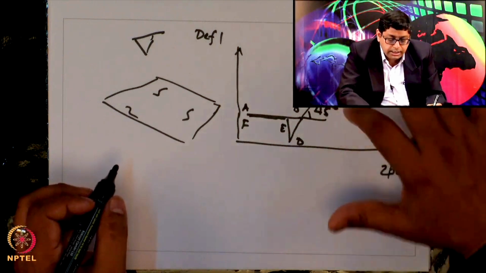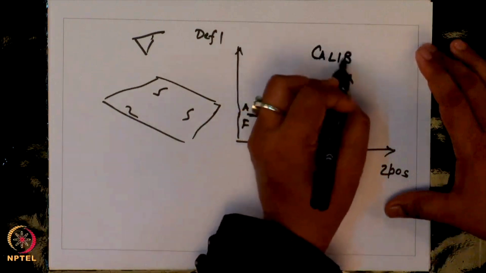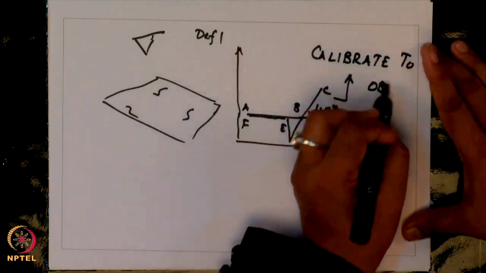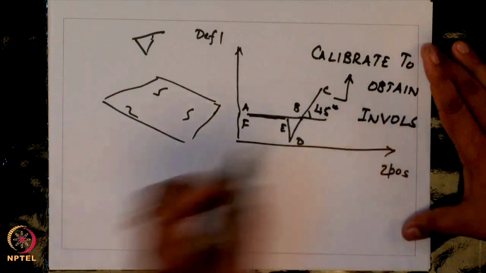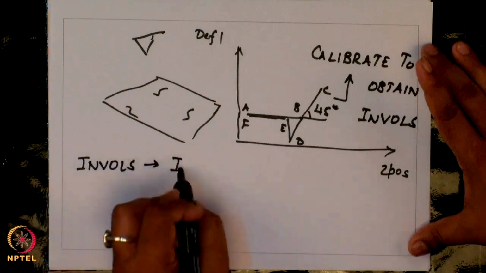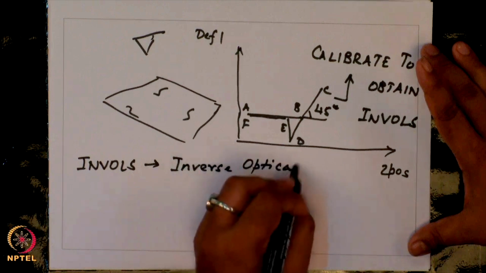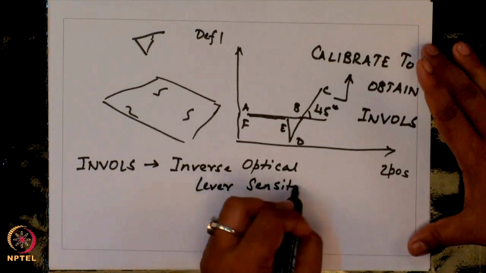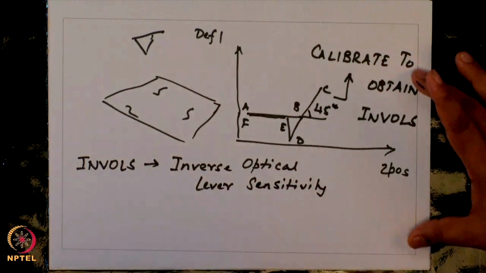So, your deflection, and this is how you calibrate to obtain what is called the inverse optical lever sensitivity.